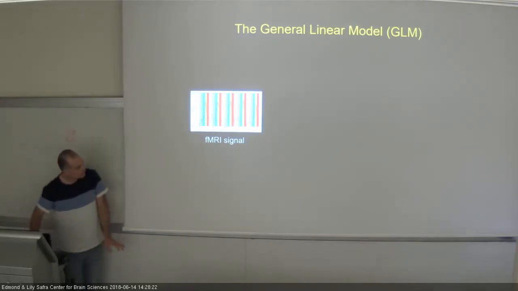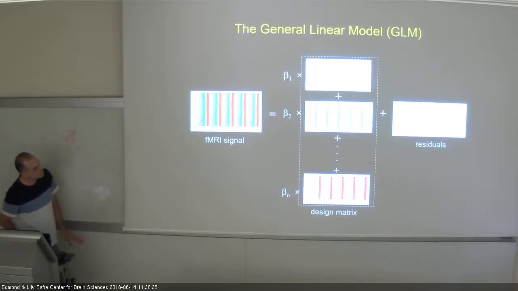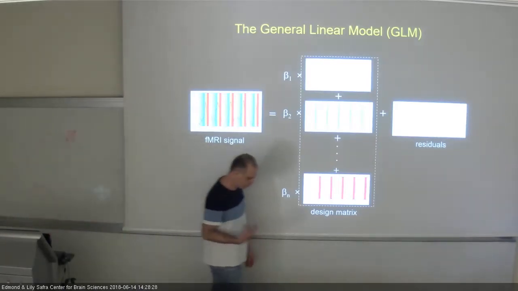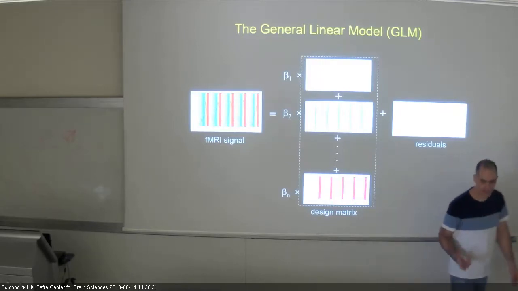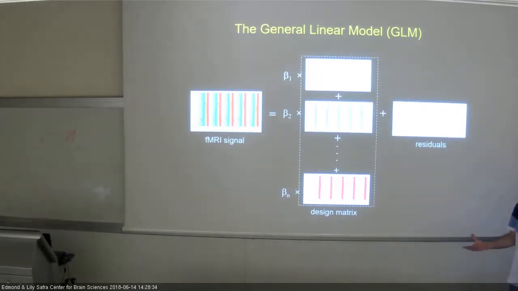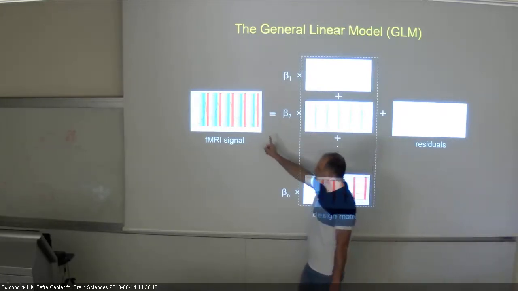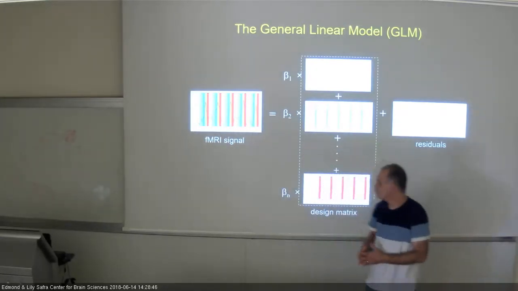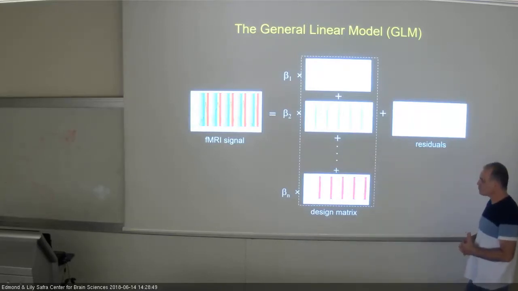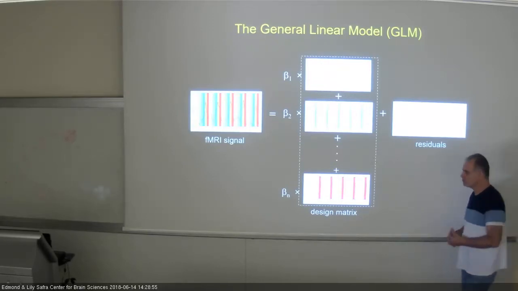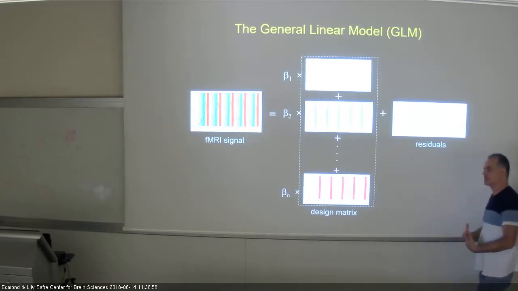So how do you approach that? What you do is try to fit a model that will explain as much variance as you can achieve, explain as much of the signal that you have. Okay? So the idea is that you have this kind of signal, and again, you know what is going on in every second because you designed the experiment. Now we want to find a linear combination, okay, of signal, and by signal I mean activation that can be explained by the difference of conditions that you present, okay?